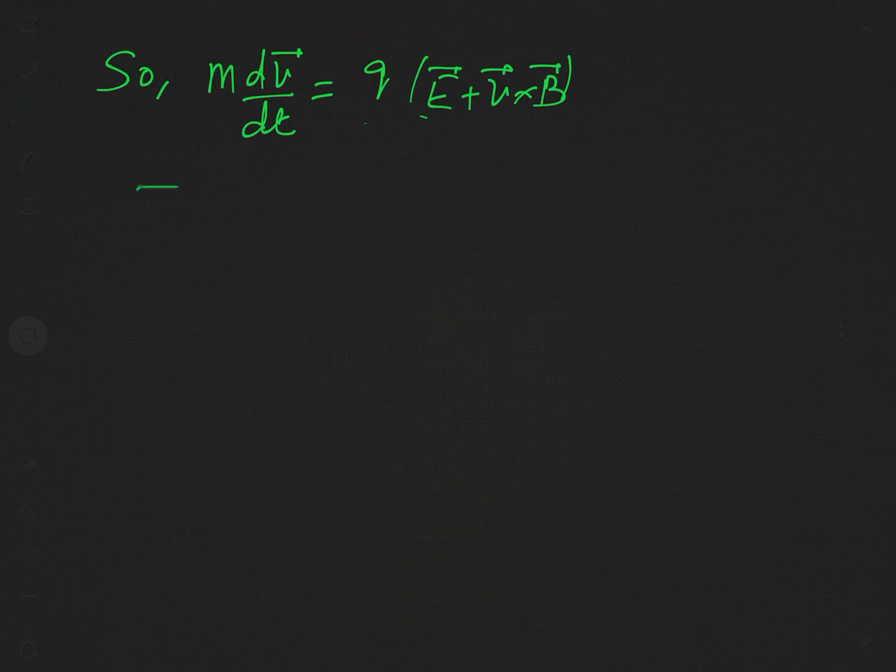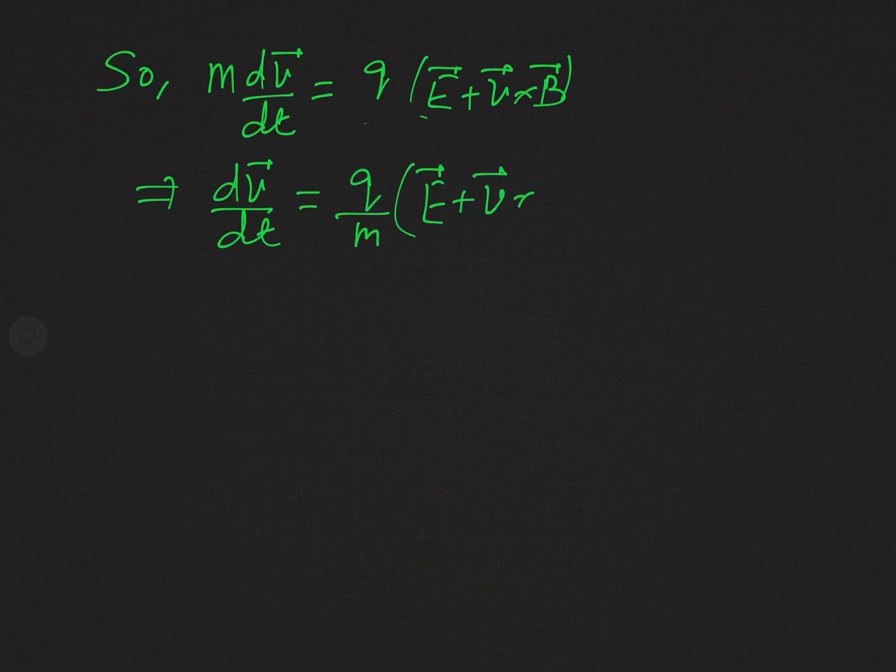From this equation, if we find the acceleration of the particle, that is dv by dt, it will simply be q over m into E plus V cross B. Say this is equation 1.